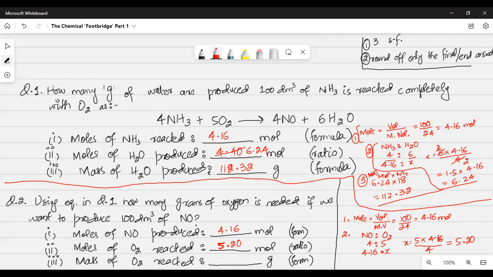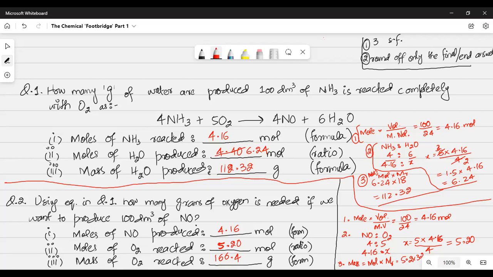Sir, I got 166.4 for the last part. 166.4. Let's do it over here. That is mass is equal to mole into MR. And of course, moles are 5.2. MR is 32. Yeah, that's perfectly correct. 166.4.